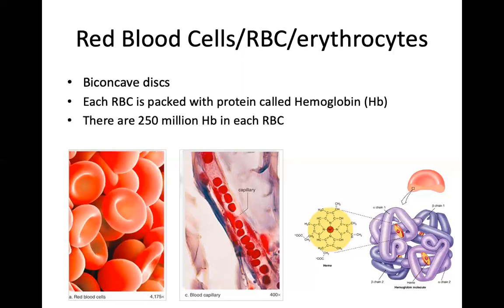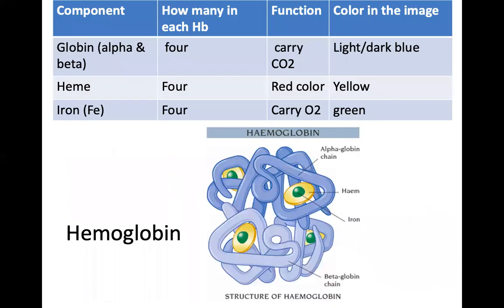Hemoglobin is shorthand to capital H lowercase b. And again, if you want to wrap your head around this, one of these tiny red blood cells contains 215 million hemoglobin. And again, these are proteins.